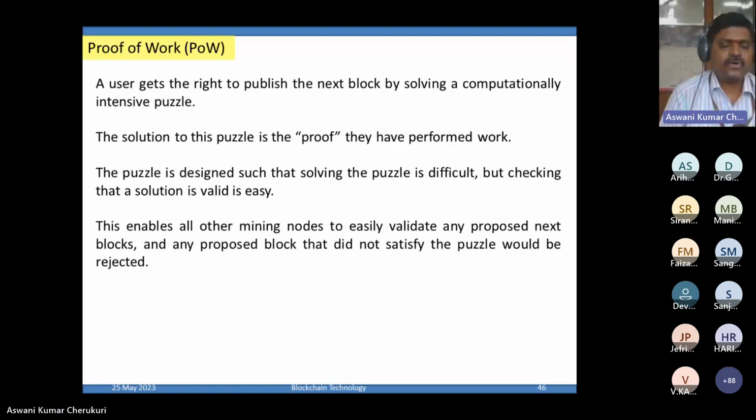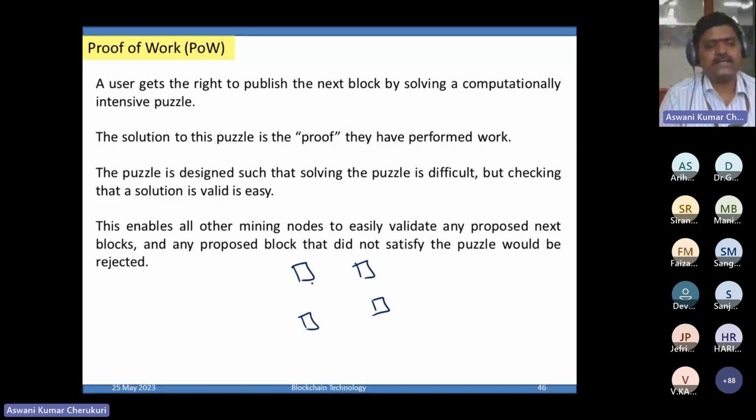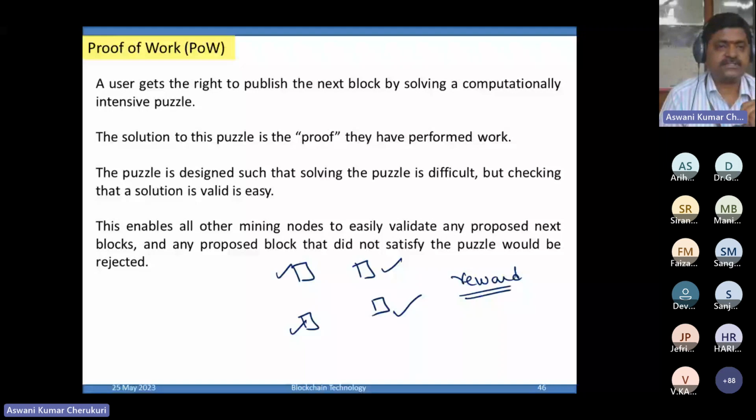Imagine there are multiple nodes, right? Node 1, node 2, node 3, node 4. These are all creating the blocks. When multiple nodes can create the blocks, remember, the nodes will get a reward in the form of cryptocurrency and other means.